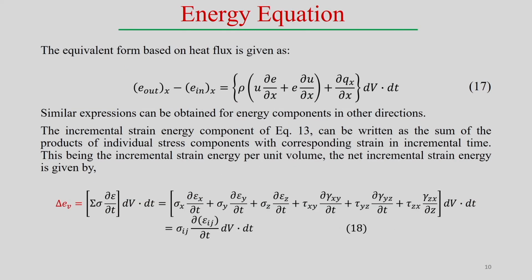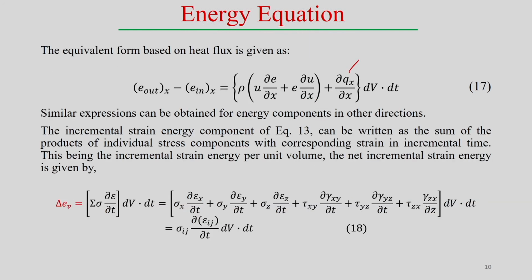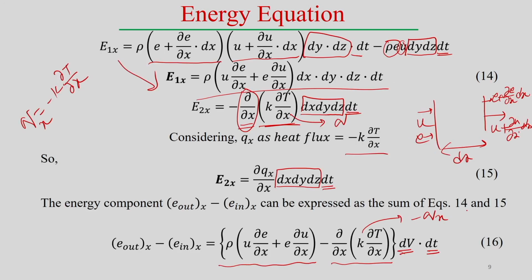Now, an equivalent form based on the heat flux: instead of writing k into del T by del x, from Fourier heat conduction we place it directly in terms of the heat flux, so this equation can be replaced by minus qx. We can write input and output this way also. A similar expression can be obtained for the other directions, the y and z components.